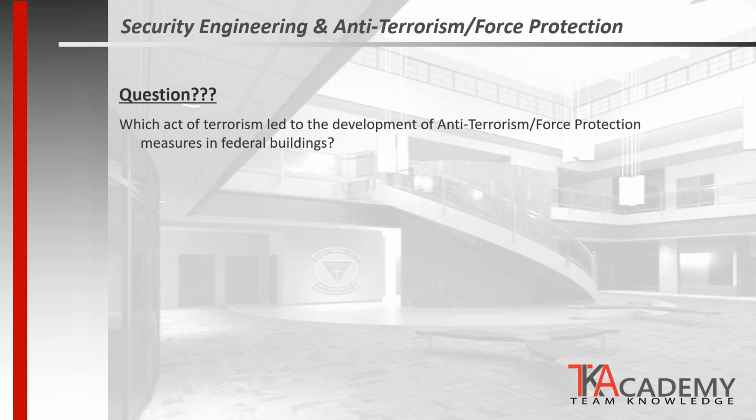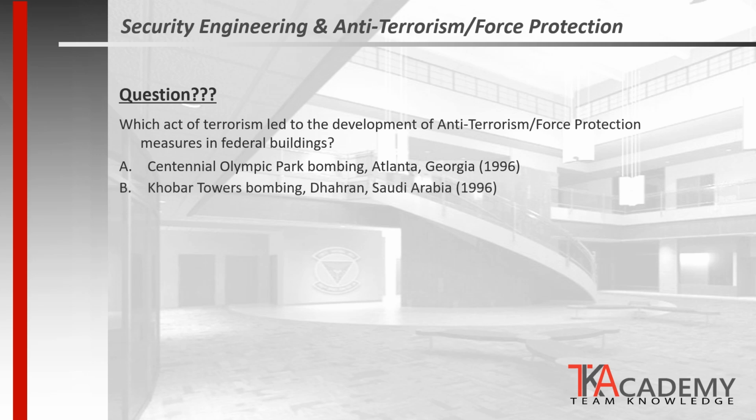Time for a bit more trivia. The question: what act of terrorism led to the development of anti-terrorism force protection measures in federal buildings? A. The Centennial Olympic Park bombing in Atlanta, Georgia, 1996. B. The Khobar Tower bombings in Dhahran, Saudi Arabia, 1996. C. The Murrah Federal Building bombing in Oklahoma City in 1995.